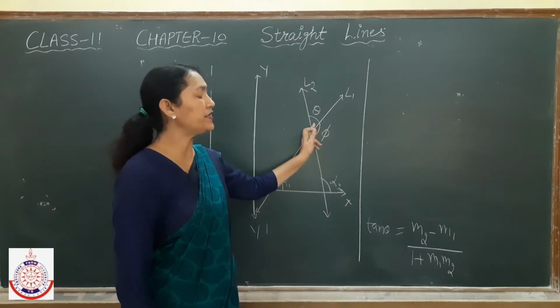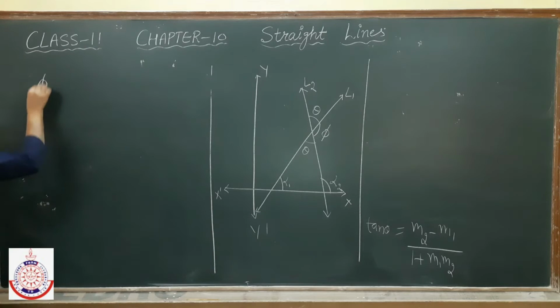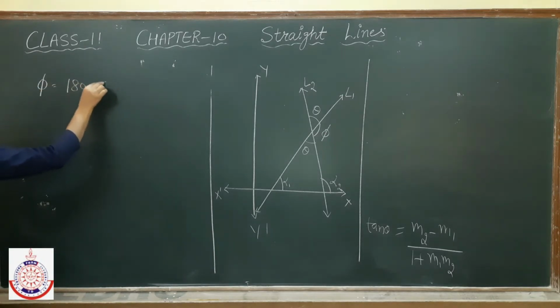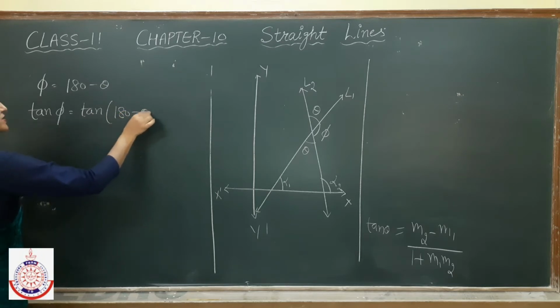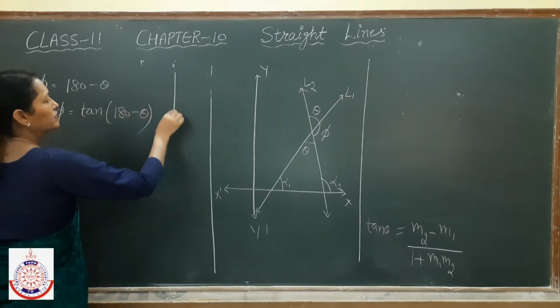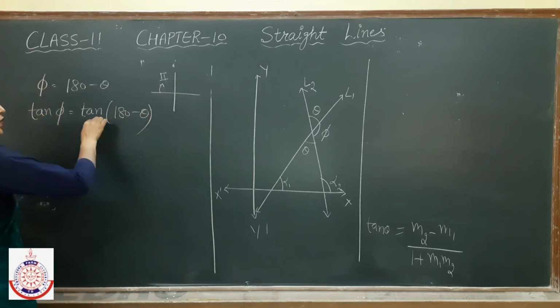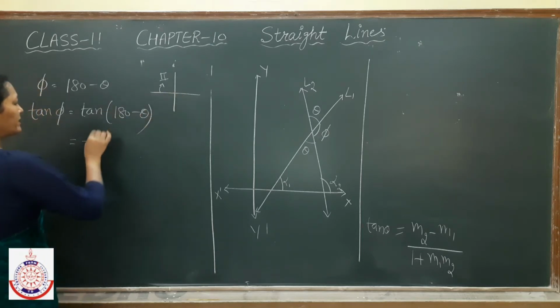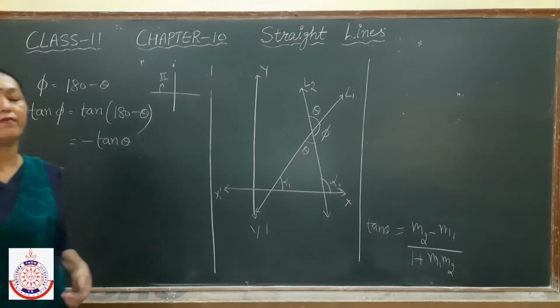Try to find the value of angle phi. Phi is the linear pair of theta. So we can write phi equals 180 minus theta. And if we try to find the value of this angle, tangent phi equals tangent of 180 minus theta. 180 minus theta is lying in the second quadrant. In the second quadrant, tangent is negative, but since it is touching this axis, it will remain tangent only. So tangent of 180 minus theta will come out to be minus tangent theta.